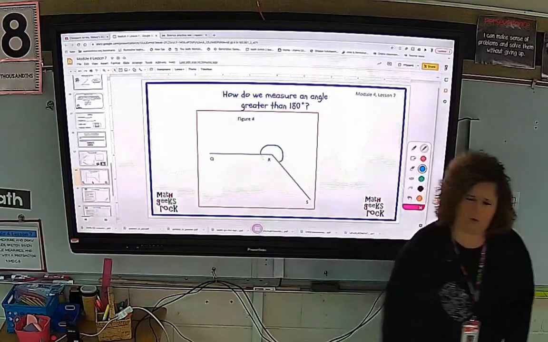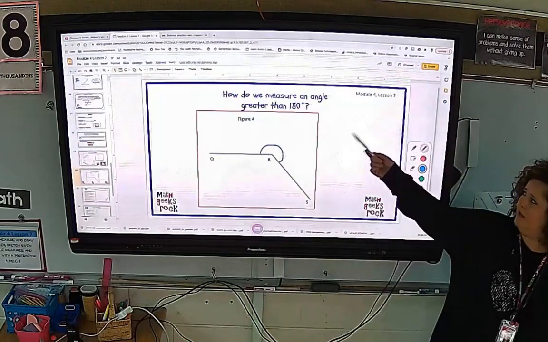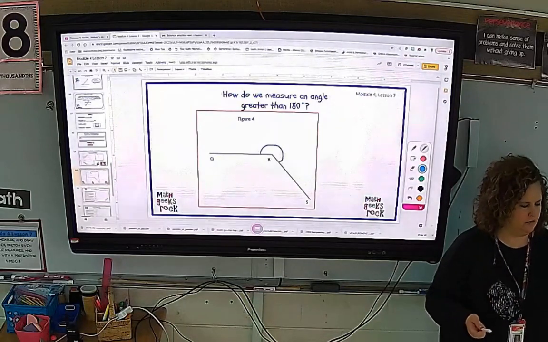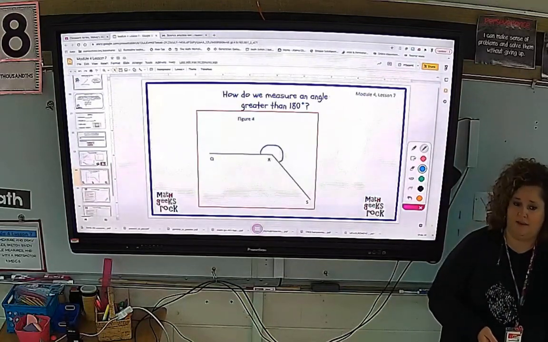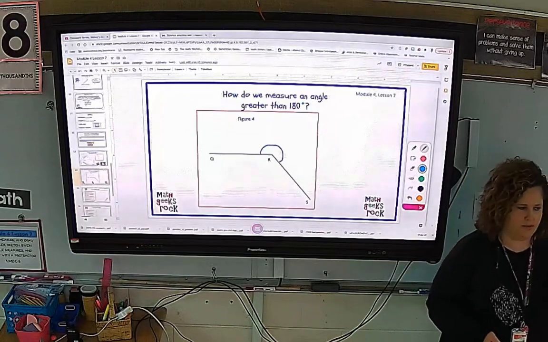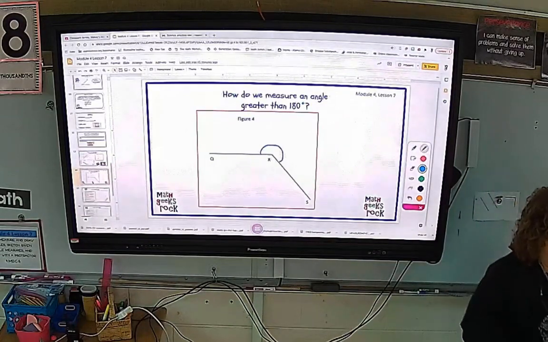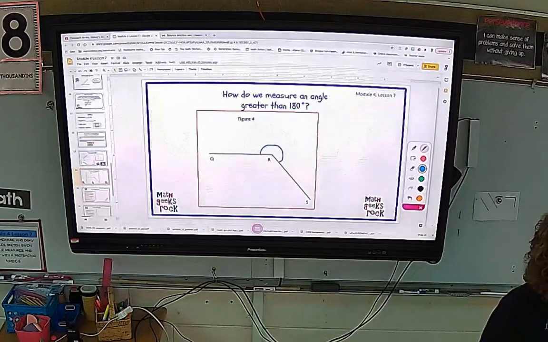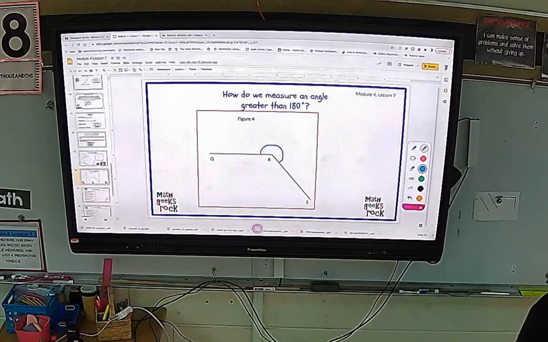So the question is, how do we measure an angle that's greater than 180 degrees? What are we going to do? Because this is only 180. Now, there could be more than one way, so I didn't want to give you directions there. I wanted to just see what you came up with. How did you do this?